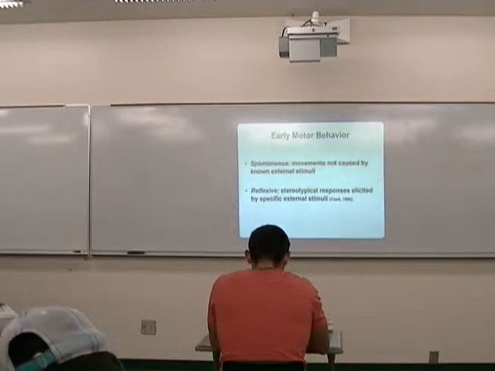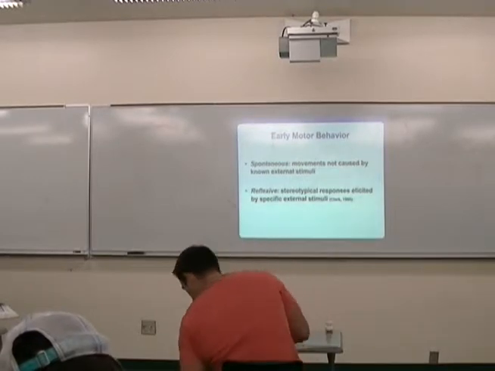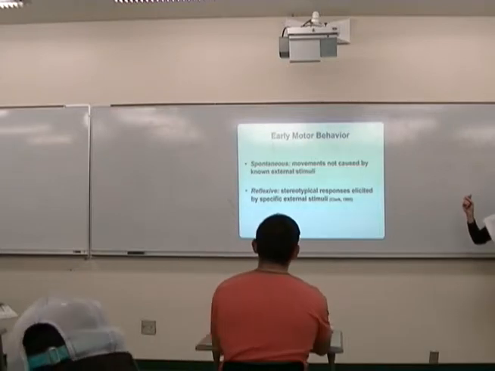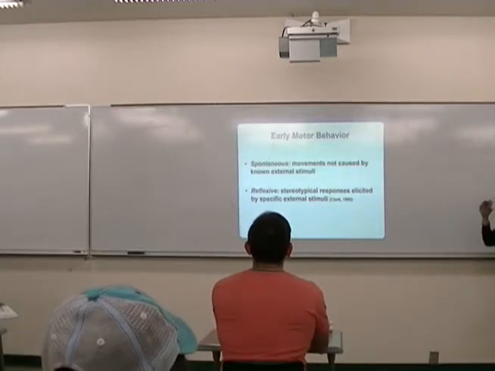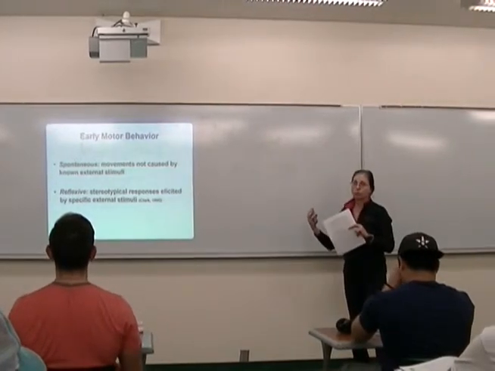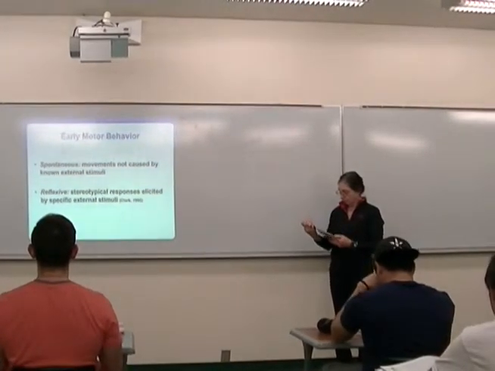So this is a building block for what we see later on. We've got to have some understanding of what we ought to be seeing, all right? And how does that impact movement later on when the child is moving more voluntarily?